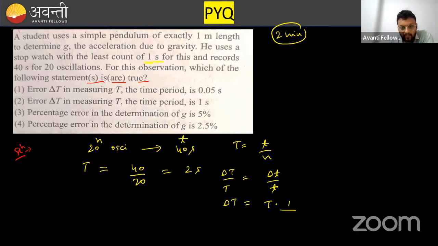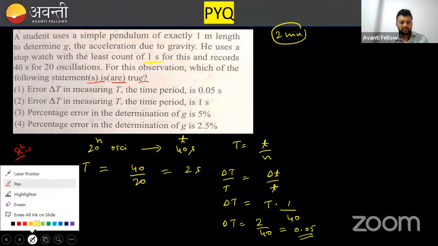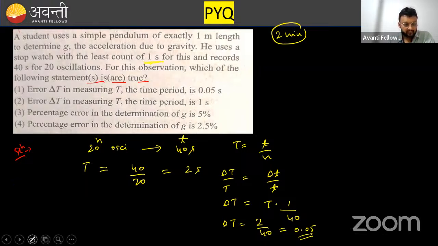That means 1 by total time t, which is 40. So you can say delta T is equal to T, which is 2, by 40. 2 by 40 means 0.05. This is your first option, which is correct.